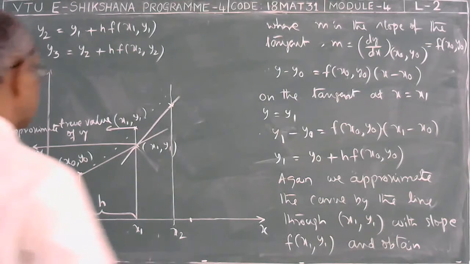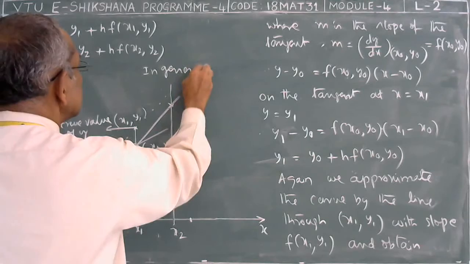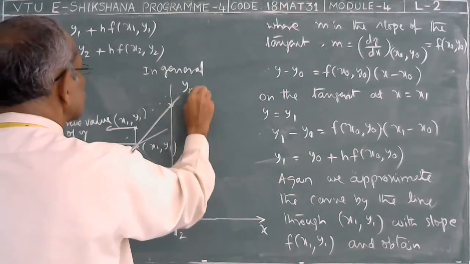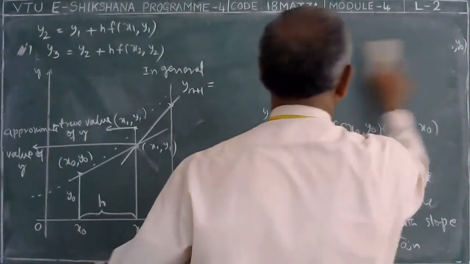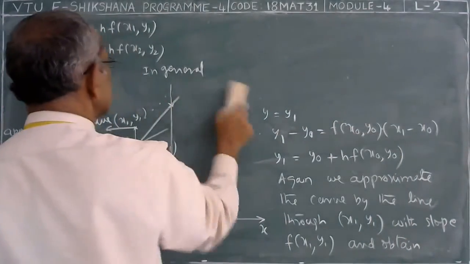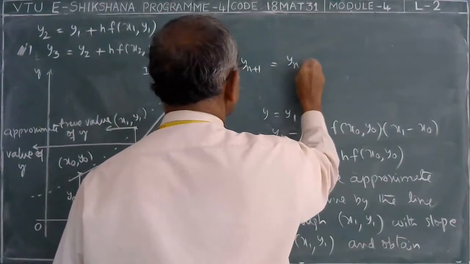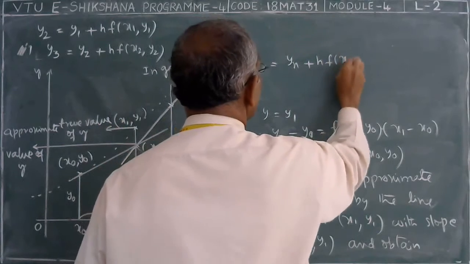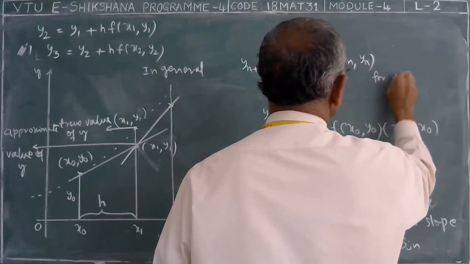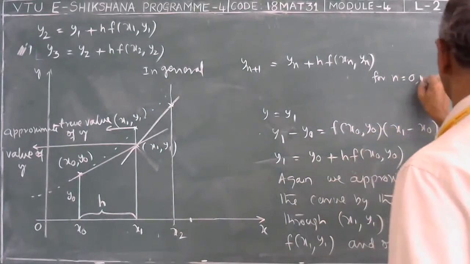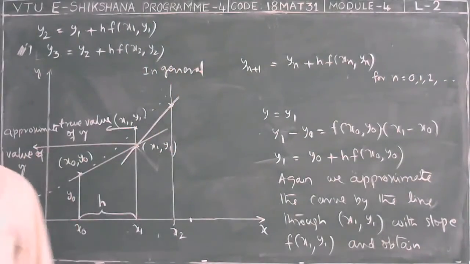And in general, yn plus 1 is equal to yn plus h into f of xn comma yn, and this is for n is equal to 0, 1, 2, etc. So this is the Euler's method.